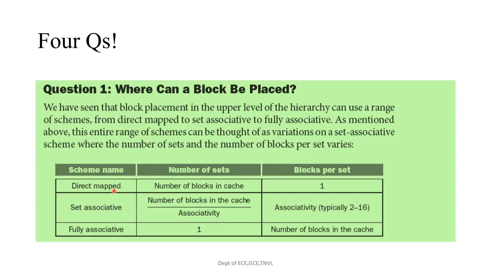If you have direct map, the number of sets is the number of blocks in the cache, it is a one-way set associative, and the blocks per set is 1. If it is set associative, then the number of sets is the number of blocks in the cache divided by the associativity, and associativity will vary from 2 to 16. In fully associative, the number of sets is 1, whereas the blocks per set is the number of blocks in the cache.